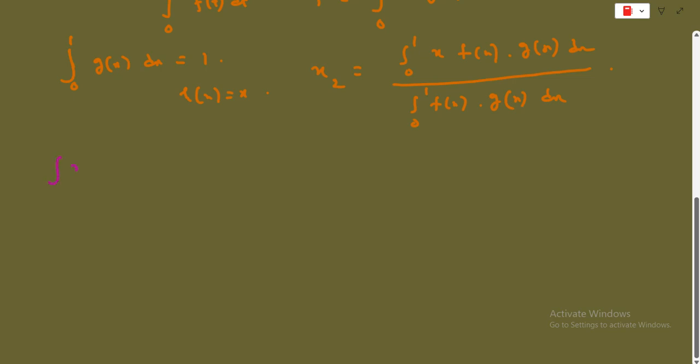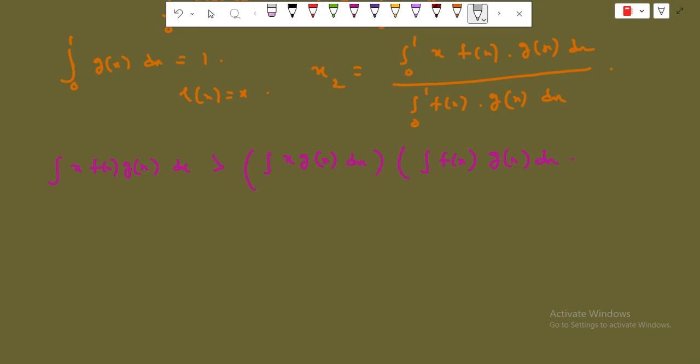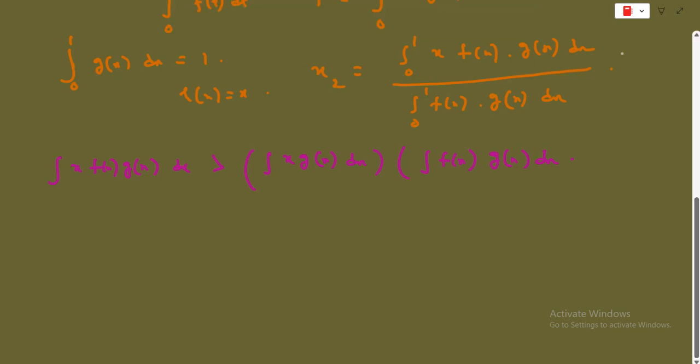the integral of x f(x) g(x) dx is definitely greater than the integral of x g(x) dx times the integral of f(x) g(x) dx. Right? Now divide both sides by the integral of f(x) g(x), which is positive.